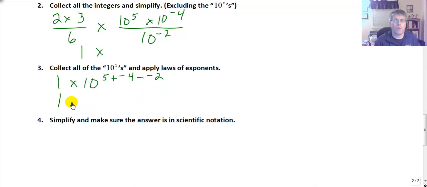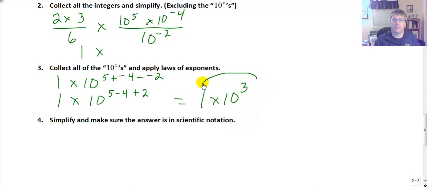So we end up with 1 times 10 to the 5 minus 4 plus 2, which results in 1 times 10 to the third power. And that's my answer in scientific notation.